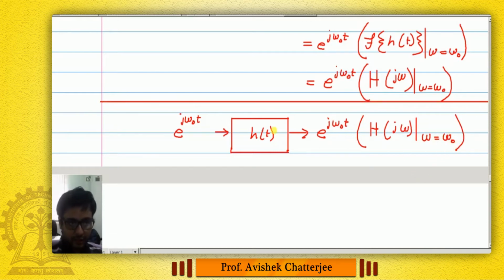You can choose any value of omega naught for your input, and this rule will remain unaltered.